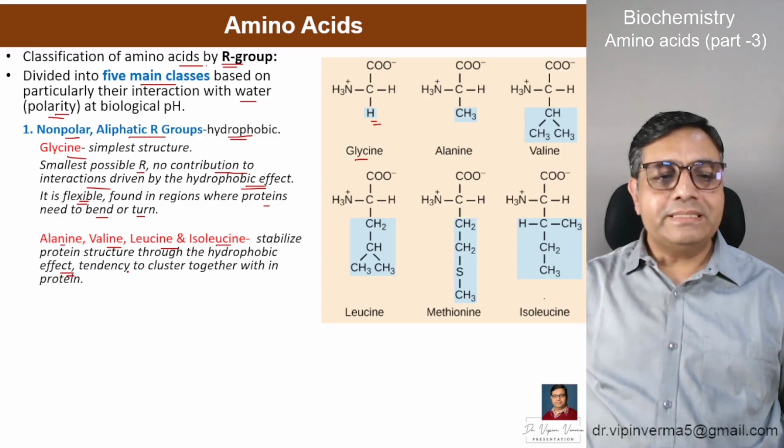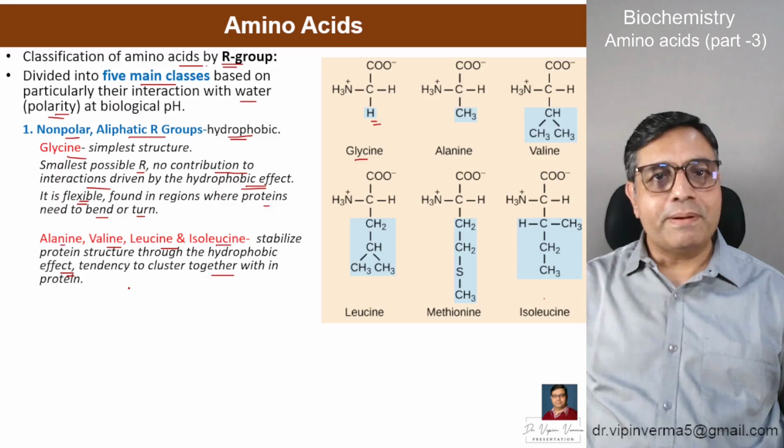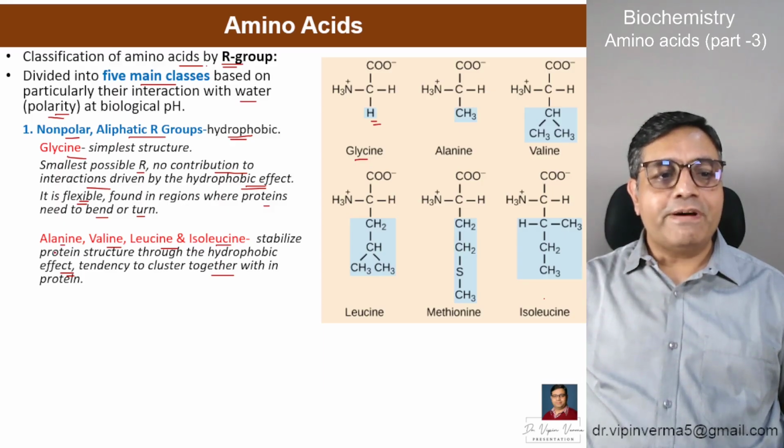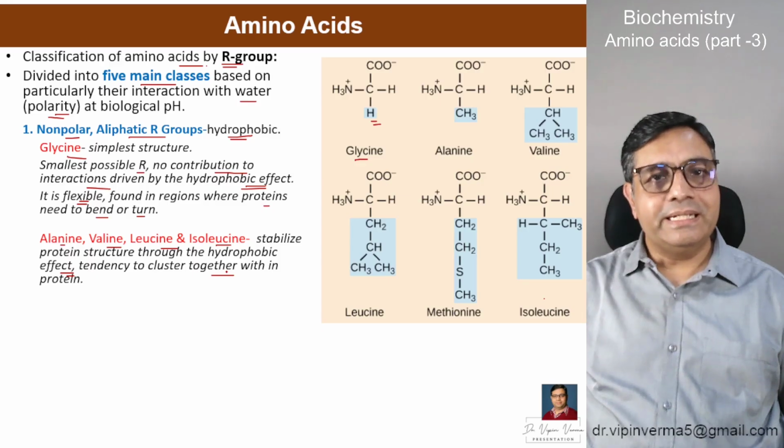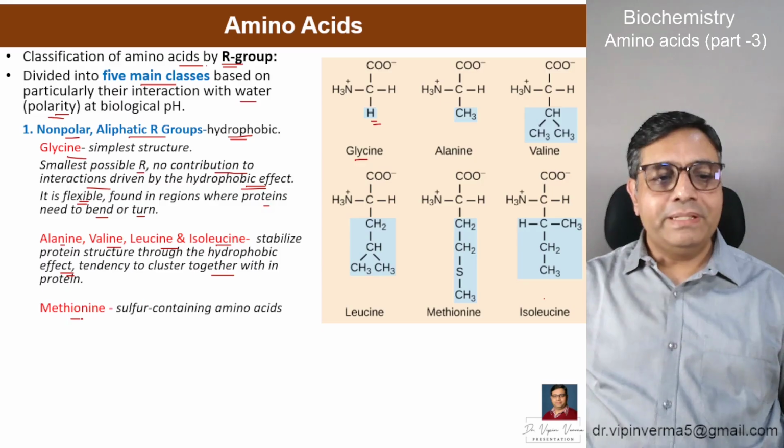Why? Because their side chains have the tendency to cluster together within the protein. So whenever we need hydrophobic regions in the polypeptide chain, we can find alanine, valine, leucine, and isoleucine there in numerous numbers.